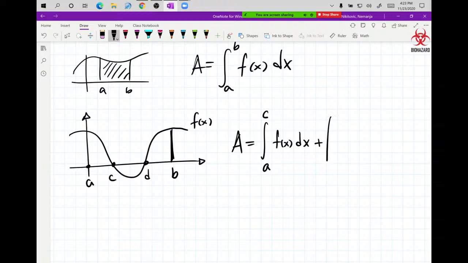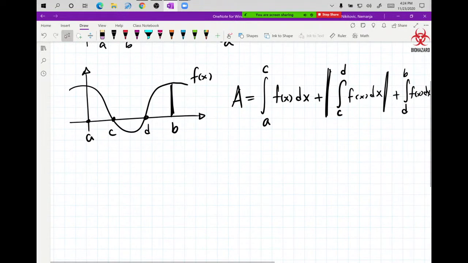Then you will stick integral c to d in the absolute value. And then d to b would be normal. So we know that because of the formula we've seen earlier, that you're allowed to break this interval anywhere you want.